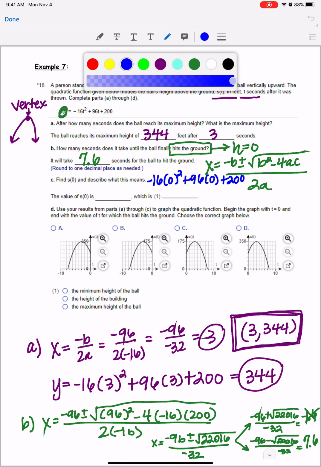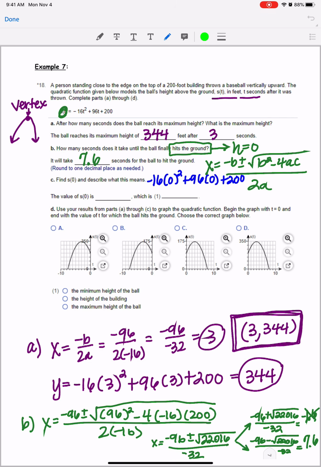Well, just like before, this is your y-intercept, right? 0 squared is 0. 0 times anything is 0. And so now all I'm left with is this 200. So the value of s of 0 is 200.